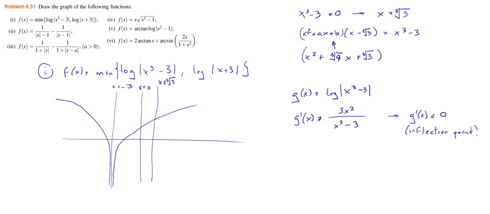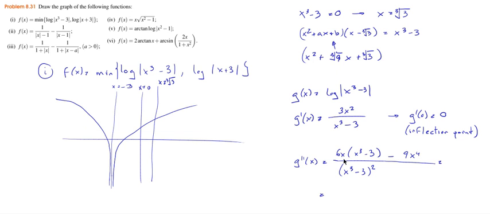Now if we want to compute the second derivative, this is going to be x cubed minus 3 squared times 6x, minus 3x squared times 3x squared, so this is 9x to the 4th.